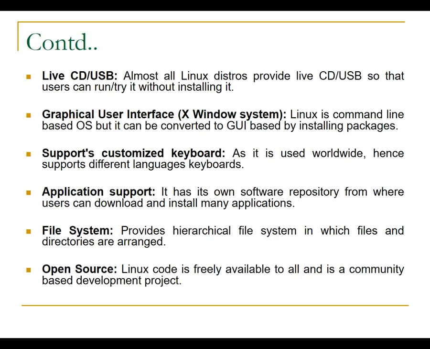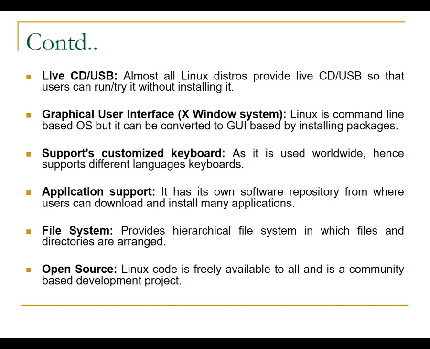Linux provides the execution of the operating system without installing into the local machine. That means by using a live CD and USB, you can also access the resources of Linux. Linux has a better graphical user interface. It supports customized keyboard. It provides various application support.